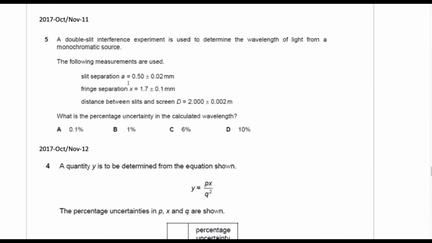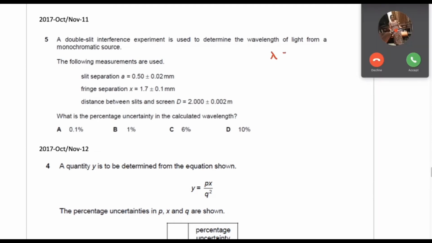We have slit separation a equal to this, fringe separation x equal to this, distance between slit and screen D equal to this. They expect you to remember the formula for the interference. I'm not sure whether you remember or not, so I just tell you straight away.